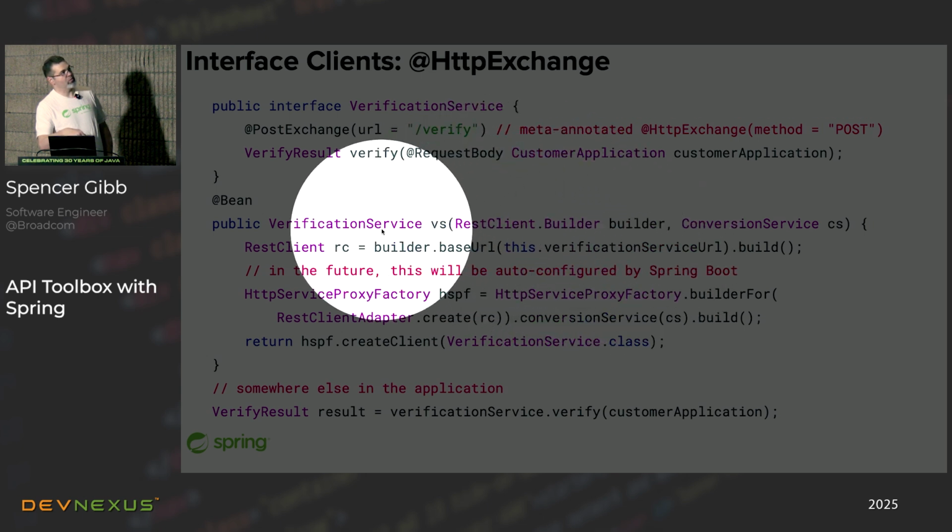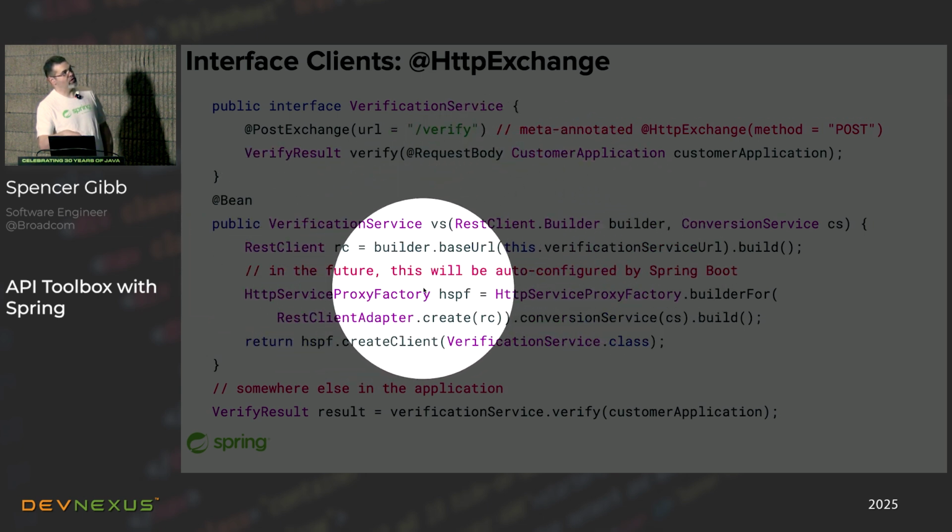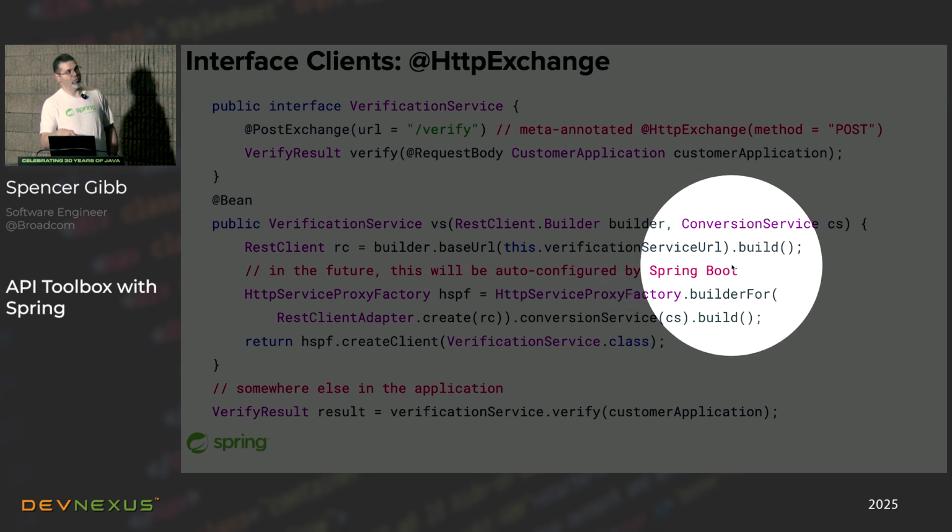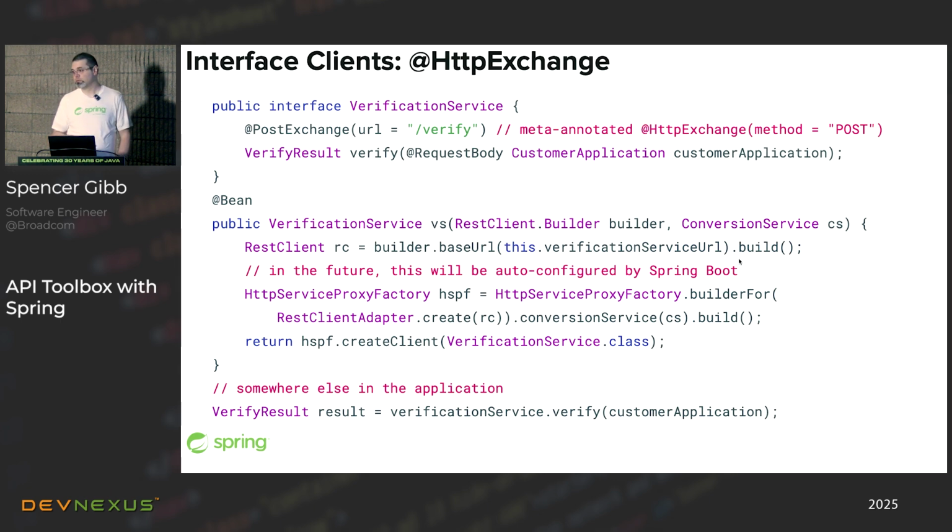That comes from configuration. All of this stuff here will become part of the Spring Boot auto configuration. And I assume that's thread safe and everything. It's as thread safe as the REST client or web client underneath that is making the calls.